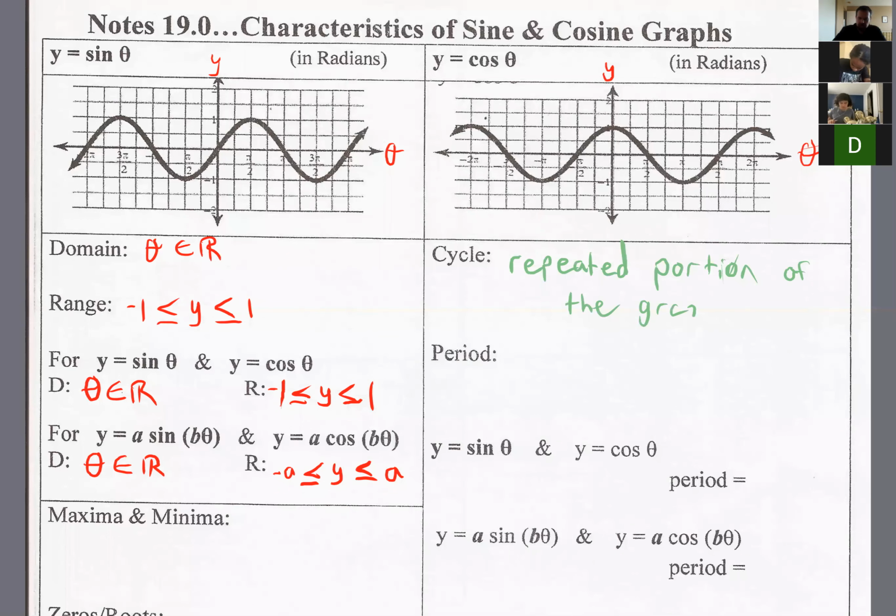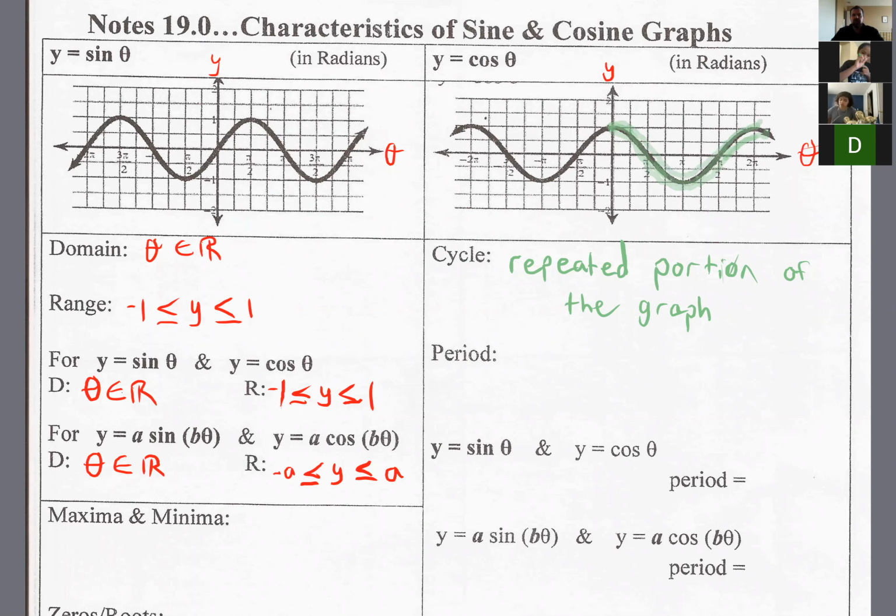I'm going to highlight on this graph an example of a cycle. If you start from the y-axis, it would go like this. You guys see the highlighted part? So this would be one cycle.